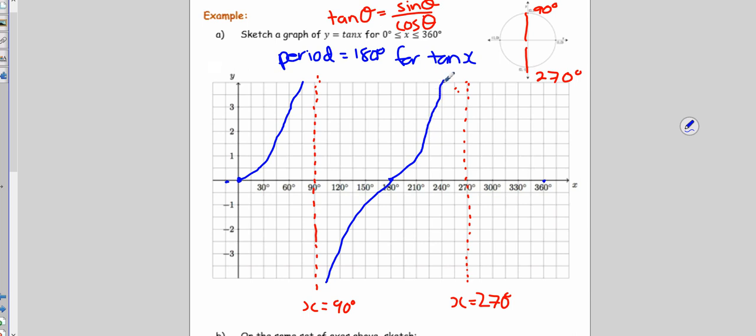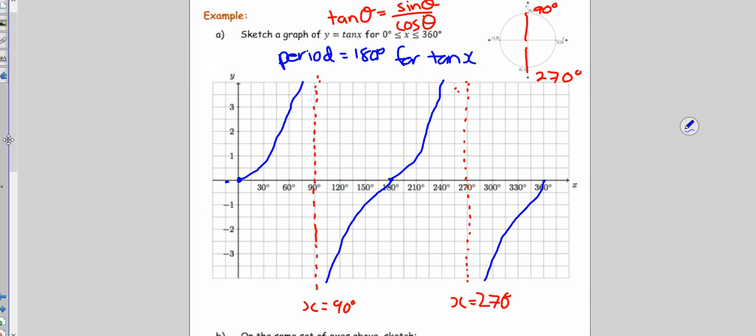Draw it better than I did. Make it look more like the one on your graph. It's hard to draw on the laptop. There we go. So it's got some asymptotes and stuff. So we just did a nice little sketch of tan x between 0 and 360. That's why we didn't go beyond here, because it just wanted 360.